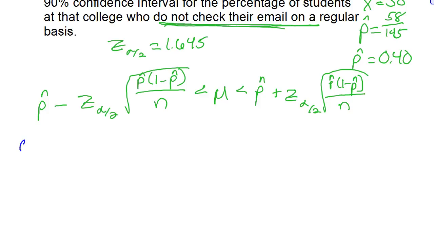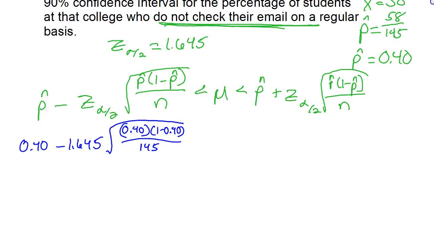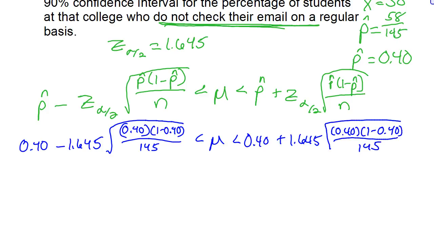So we're going to do 0.40 minus 1.645 times the square root of 0.40 times 1 minus 0.40 divided by 145, because that's how many total students we're looking at. It's less than p. And the other side is going to look like the exact same thing, plus 1.645 times the square root of 0.40 times 1 minus 0.40 divided by 145.